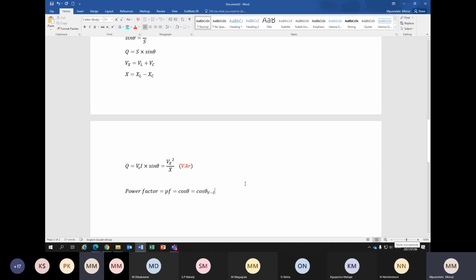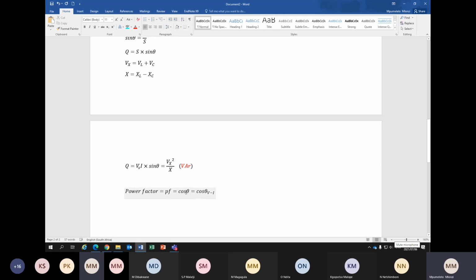Same as with efficiency, it represents how effective the system is in converting input power to output power. The more losses you have, the lower the power factor. The fewer losses, the more effectively the system converts the input power to the output power, which is the consumed power. This is represented by the power factor.